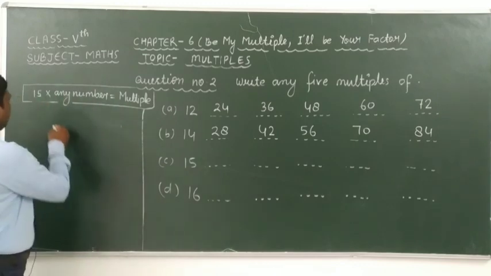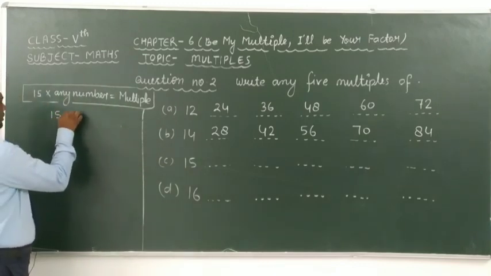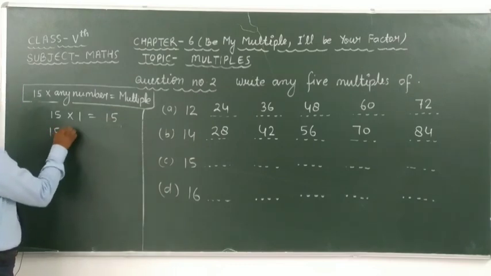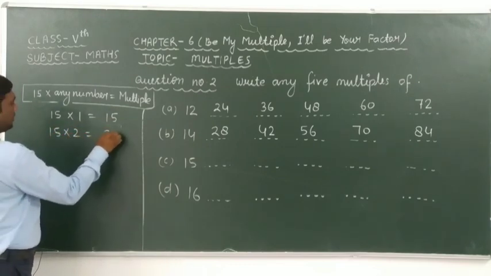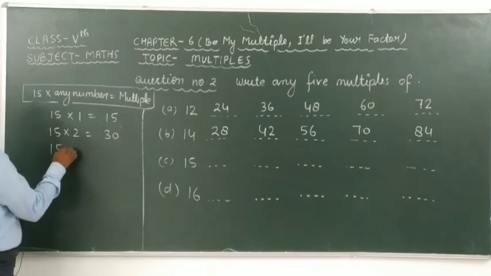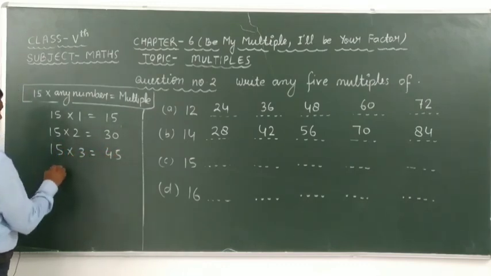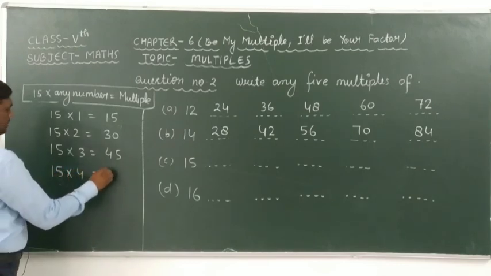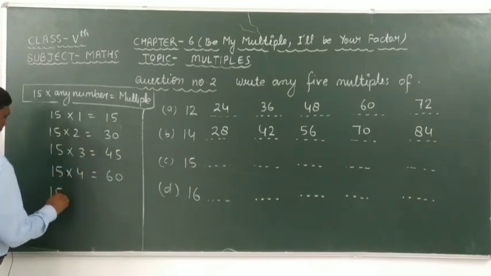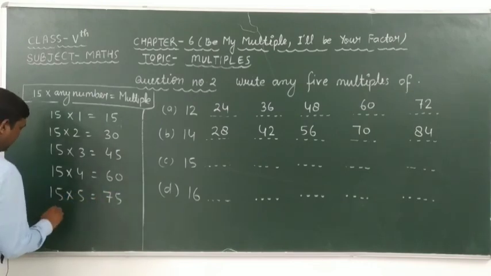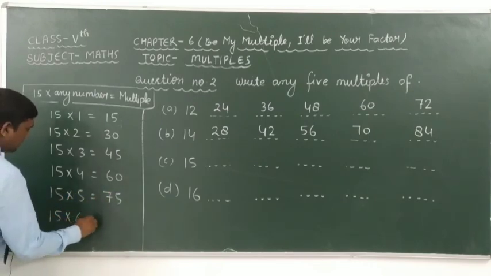Here given 15, 15 1s are 15, 15 2s are 30, 15 3s are 45, 15 4s are 60, 15 5s are 75, and 15 6s are 90.